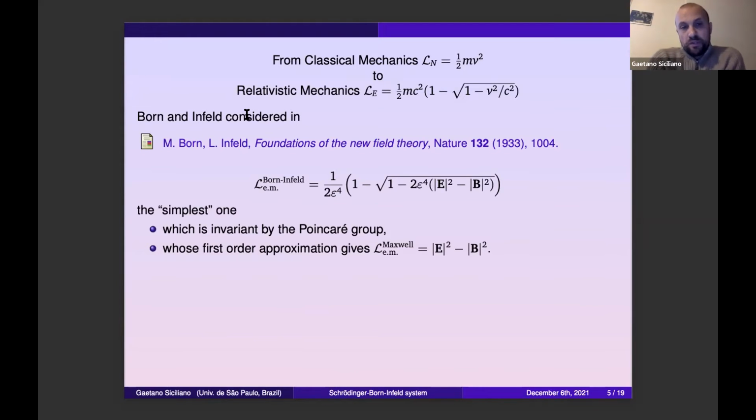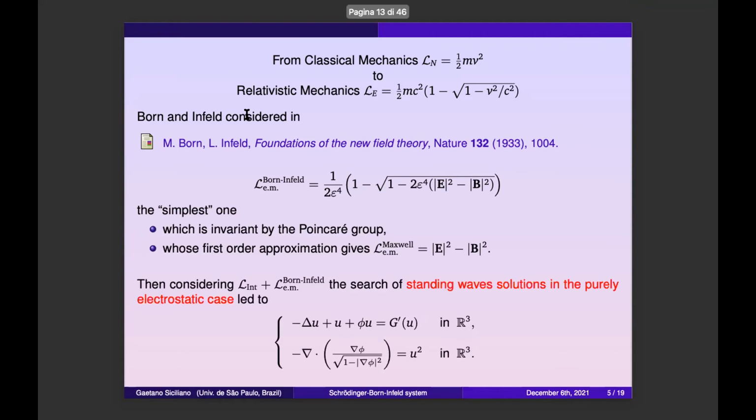Also, if you take a first order approximation in epsilon, you have exactly the Lagrangian of Maxwell. So in some sense, this is a better Lagrangian than the Maxwell one. And now you no longer have the infinity problem.